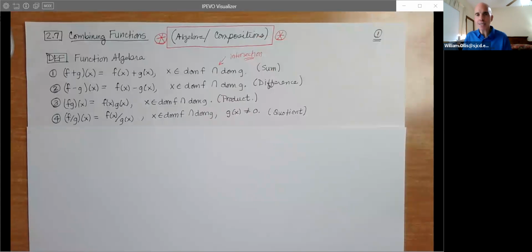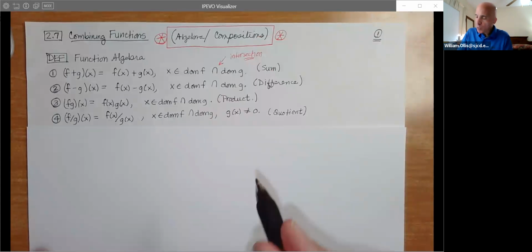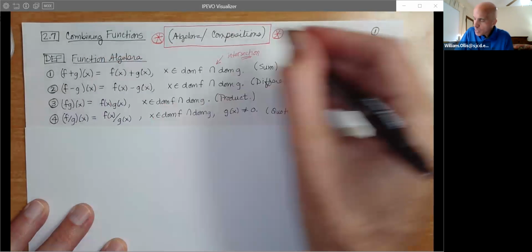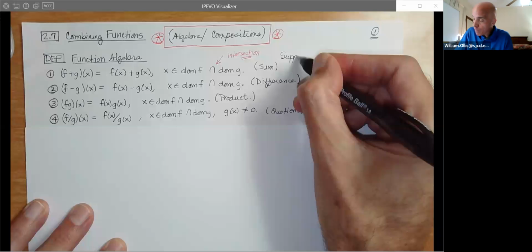This is 2.7. So, of course, here, where we've got function algebra, we suppose f and g are functions.